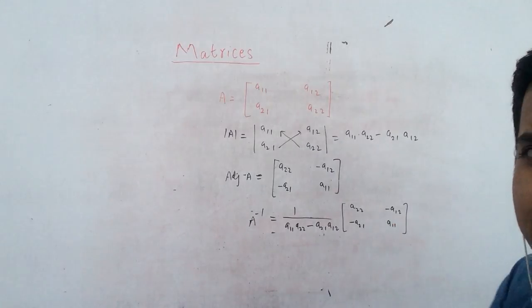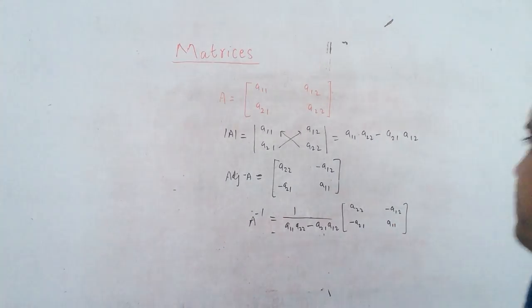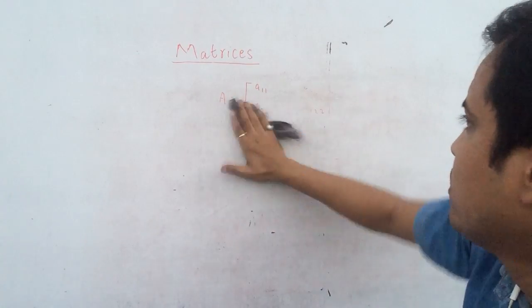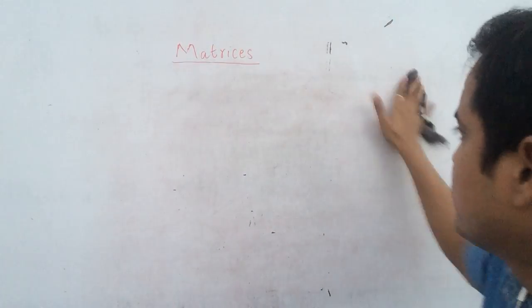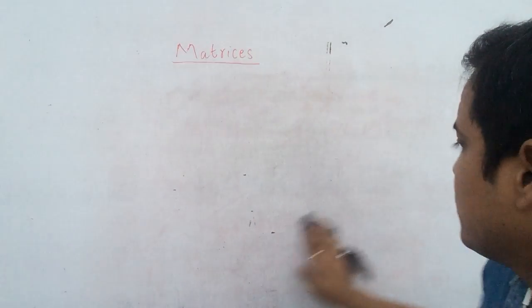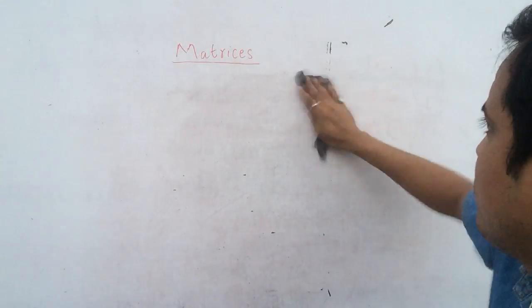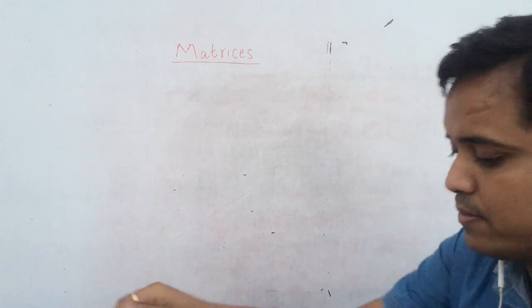Learn this only. So this is the direct method of finding the adjoint of a 2 cross 2 matrix.